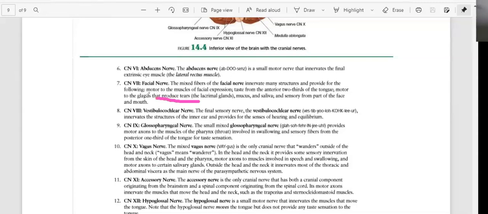Vestibulocochlear, this nerve right here, is going to be for hearing and equilibrium. So right now you can hear my voice because you are using this nerve, which is going to be called the vestibulocochlear. It has 2 parts. One of them is the vestibule, which is going to help you with equilibrium. And the cochlear part is going to help you with hearing.